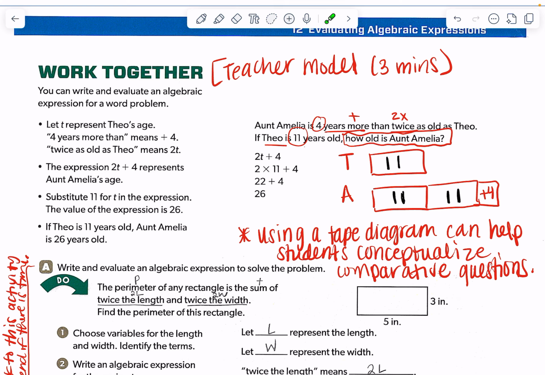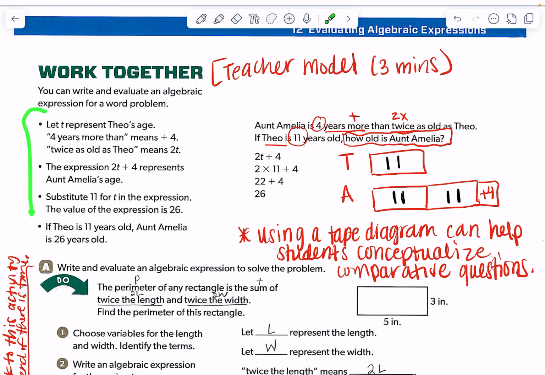Another thing that you will notice is that I'm taking notes as I am reading the problem, or annotating. So Aunt Amelia is 4 years more. I have indicated more is addition, and then twice, I know that means I am going to be doing 2 times something, right? As Theo. It tells me if Theo is 11 years old, then how old is Aunt Amelia?